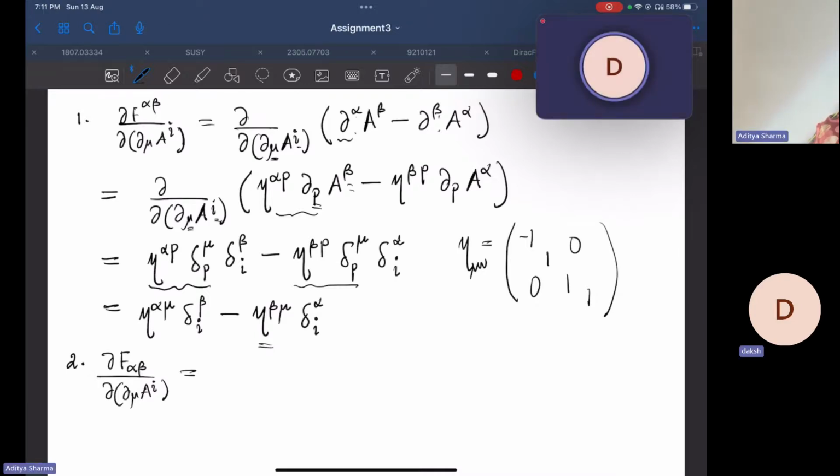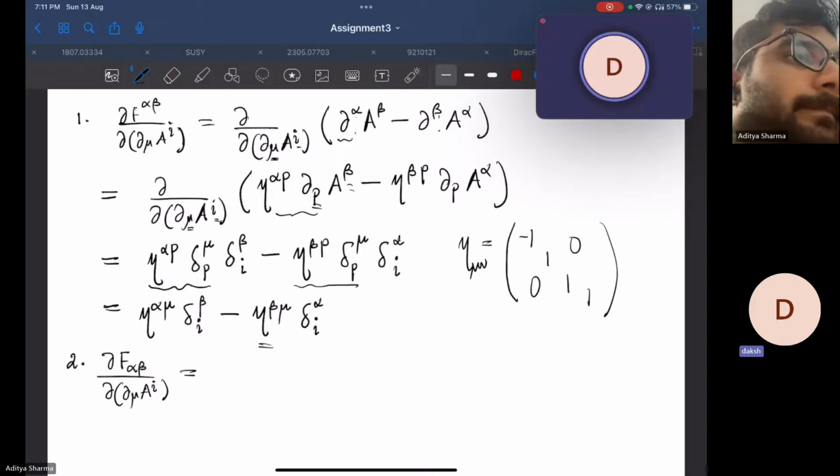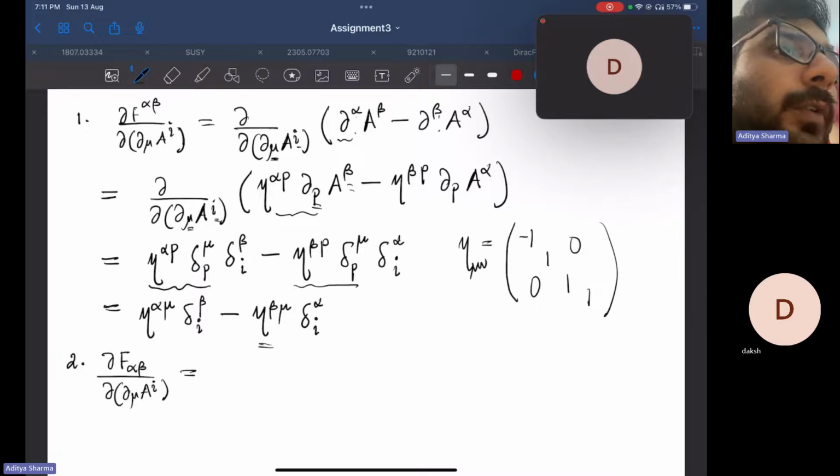F subscript alpha beta is similar to F superscript alpha beta, but the indices are down. So alpha should be lower, beta should be lower. Earlier you had everything as upper, right? This time it will be lower.